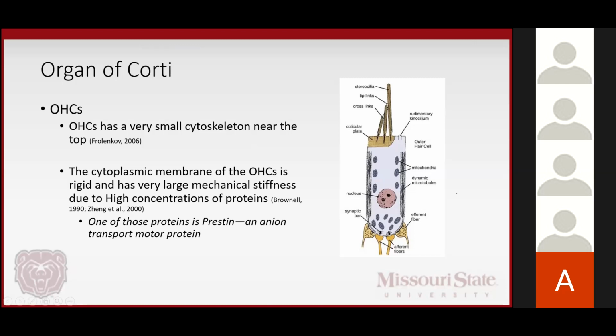It was identified as the protein that is potentially responsible for the outer hair cells changing their length, or having the function of electromotility, or that movement. Prestin is one of those anion transport motor proteins, which does its job basically through sensing changes within the hair cell, and uses that through movement of the anion chloride.